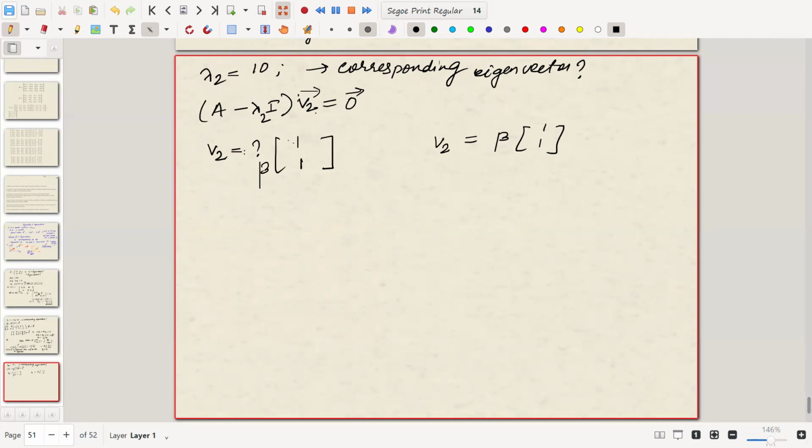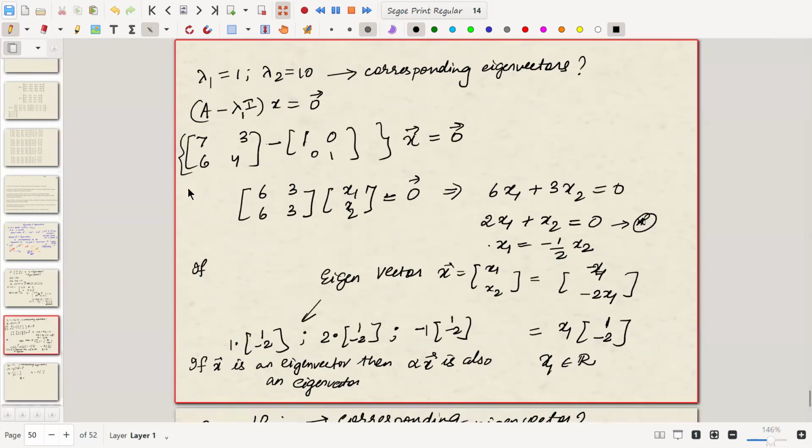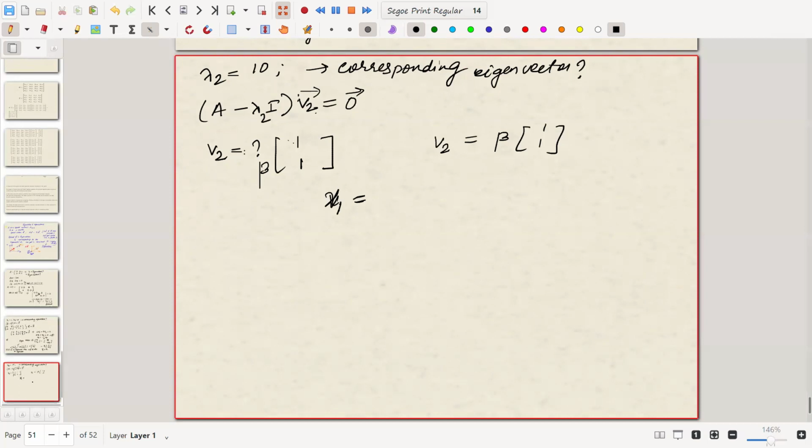The x1 vector which we found on the previous page is (1, -2), and the v2 vector is (1, 1). These are two vectors I chose. You can also multiply any scalar and get another eigenvector, but these are the two eigenvectors.